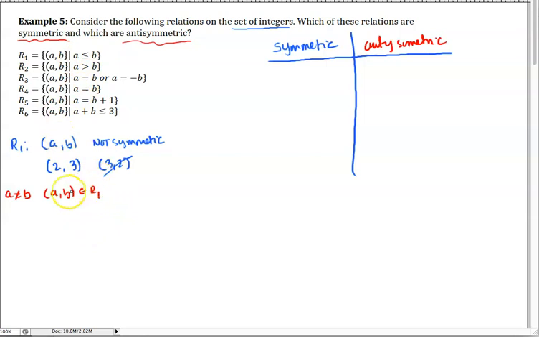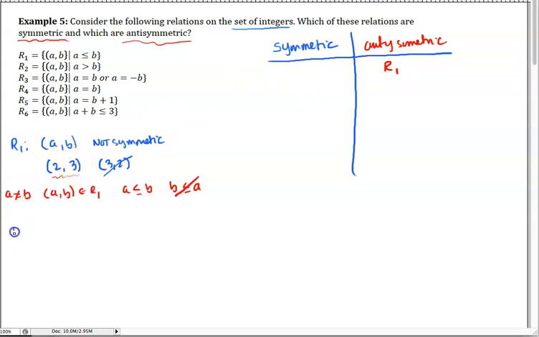This is definitely anti-symmetric, because if something like 2, 3 is in there, then 3, 2 definitely will not be, because if 2 is less than 3, 3 cannot be less than 2. Because A is less than or equal to B, B cannot be less than or equal to A, and that holds with anti-symmetry. So R1 is anti-symmetric and it's not symmetric.